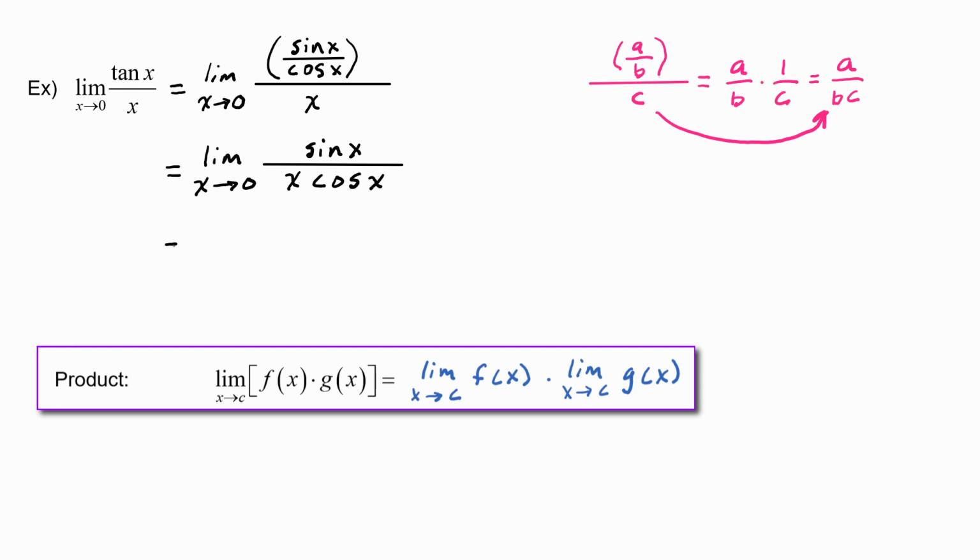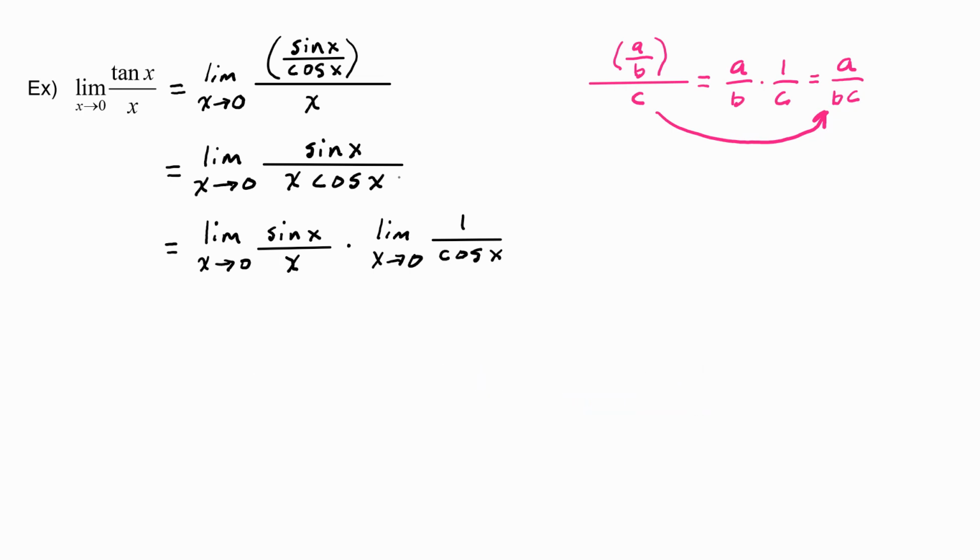So this would become the limit as x goes to 0 of sine x over x times the limit as x goes to 0 of 1 over cosine x. Remember that cosine x was in the denominator, so when we separate this into sine x over x, then the other piece has to be 1 over cosine x.